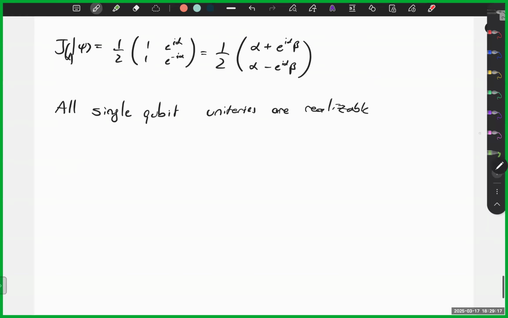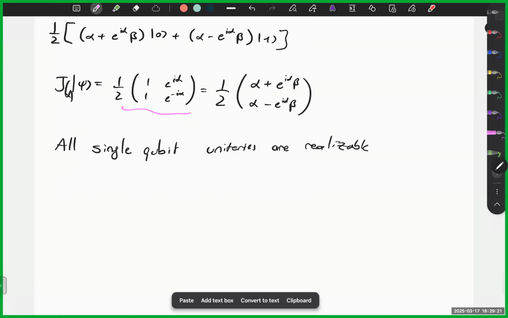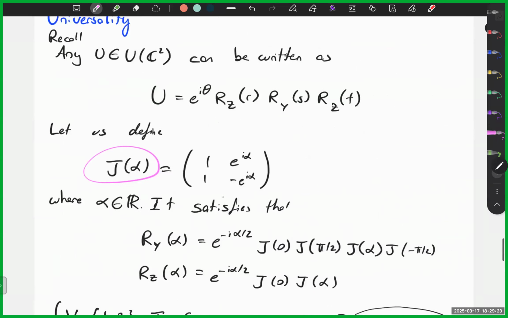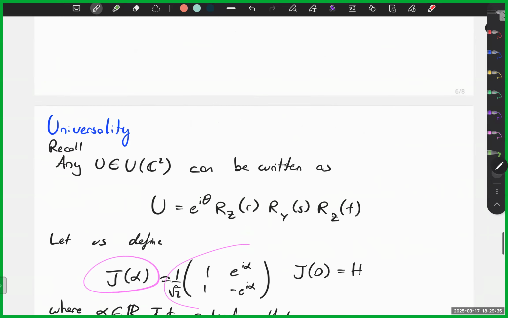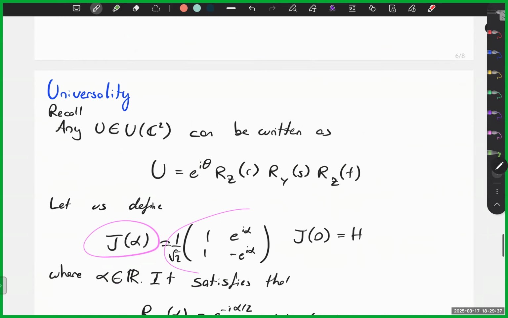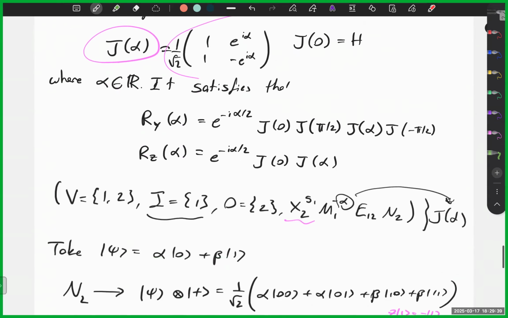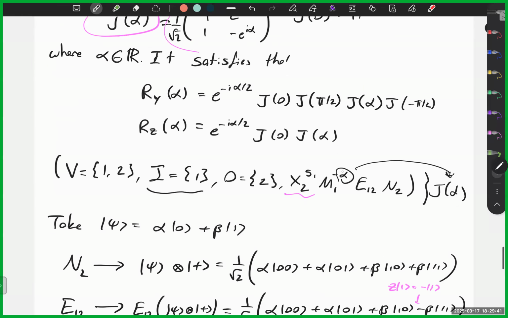Also, from here, sorry, there should be a square root of 2 sign. So from here, I think it is easy to say that J0 is the Hadamard gate, or like, the pattern that if you put 0 here, it will also realize the Hadamard one.